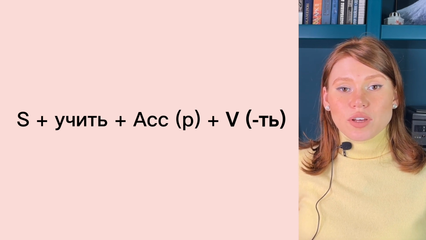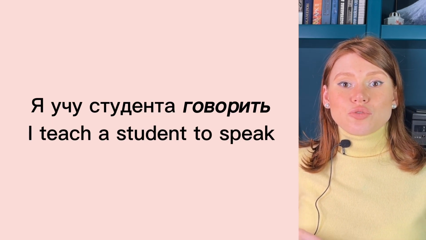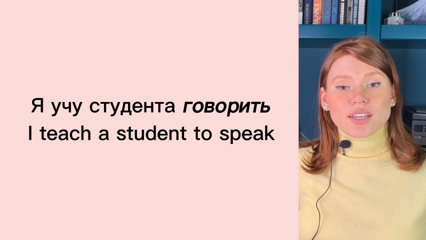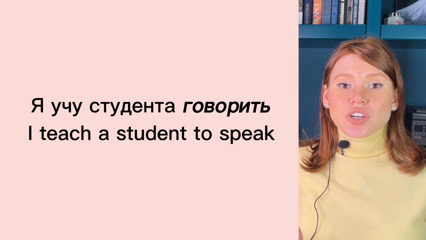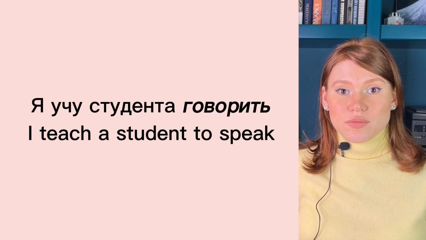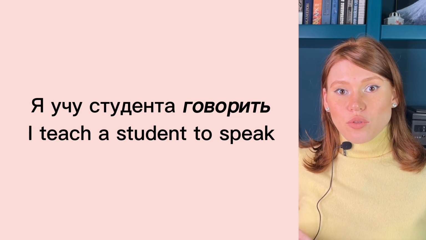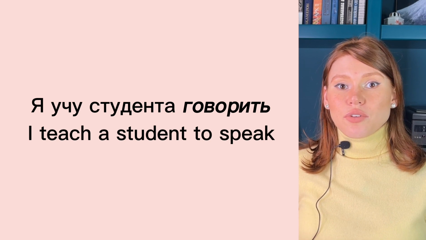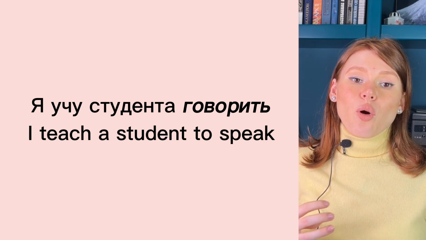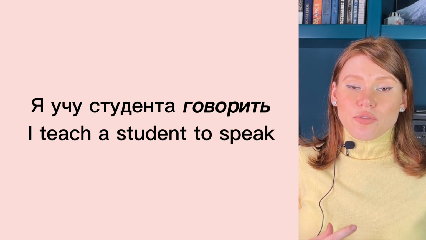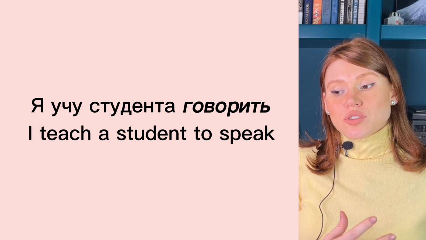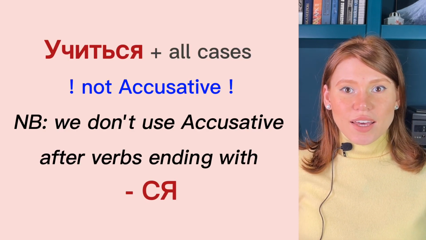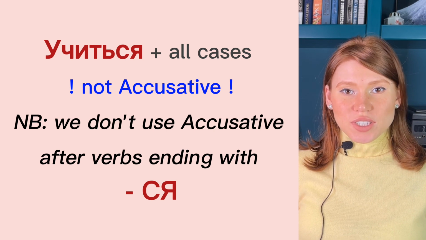For example, я учу студента говорить. I teach a student to speak. Okay? And we use the verb in the infinitive form because we already used the form учить in the personal form.